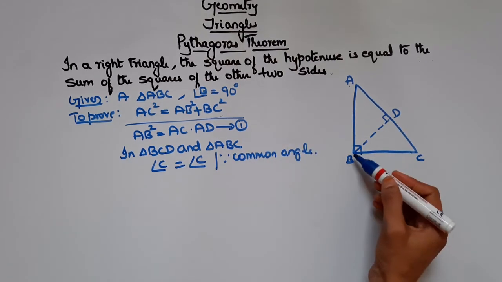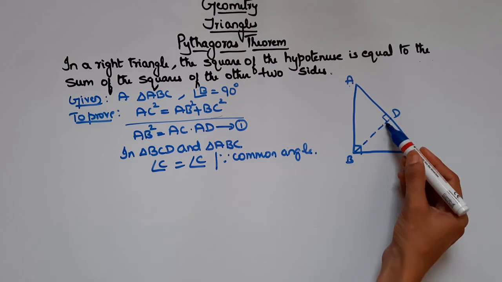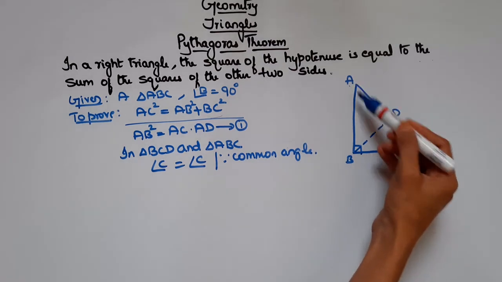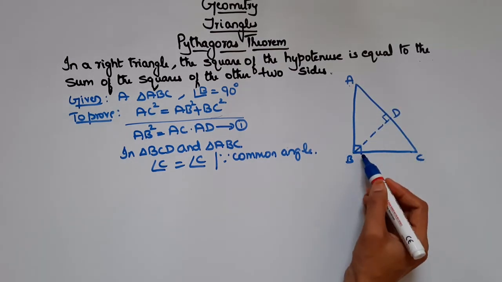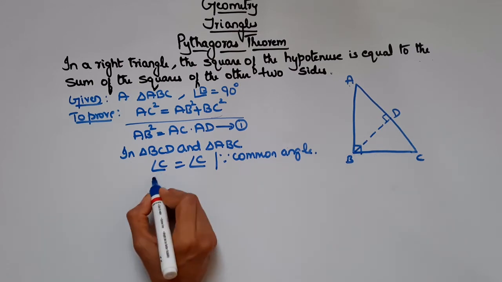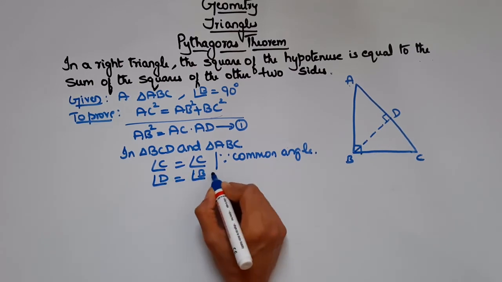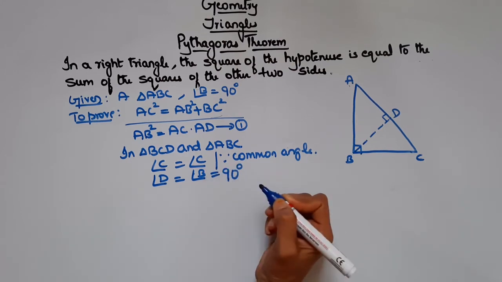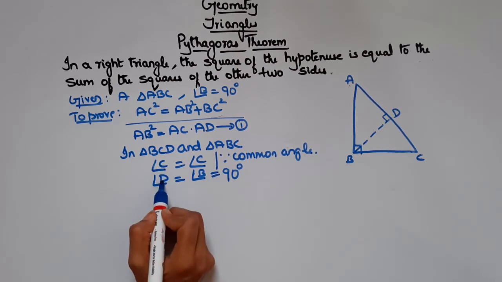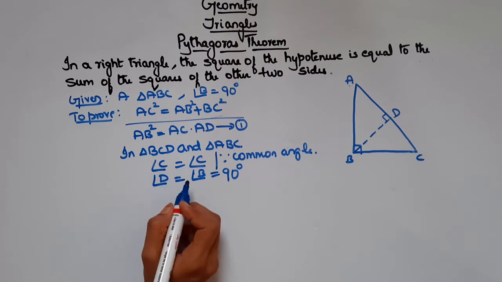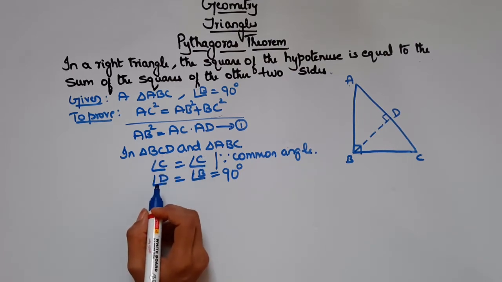And if you see in triangle BDC, angle D is 90 degree, and in triangle ABC, angle B is 90 degree, right? So angle D is equal to angle B, which is equal to 90 degree. So now we have two angles of the two triangles equal. So we can say these two triangles are similar.